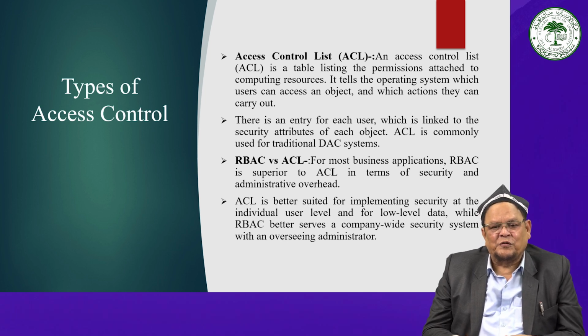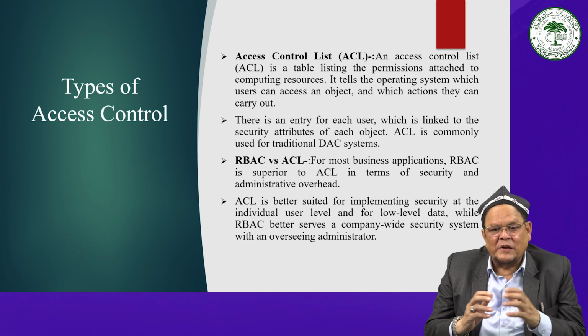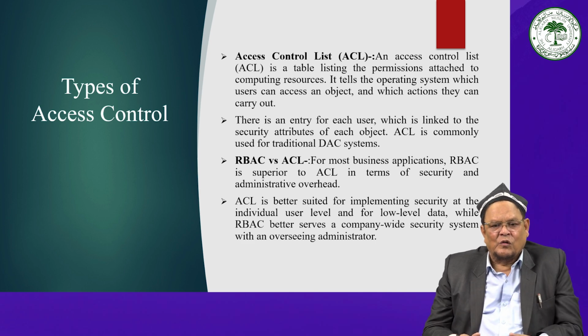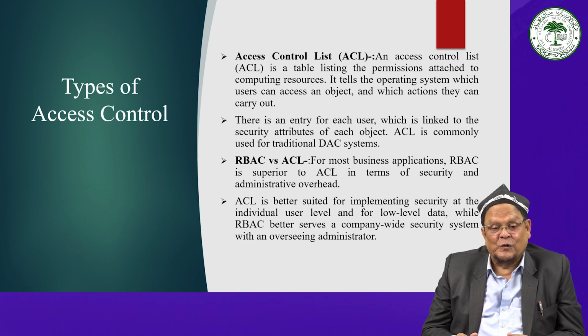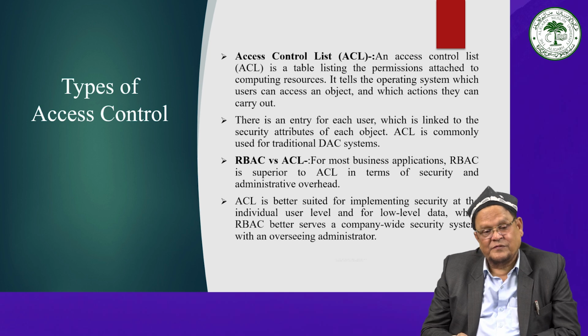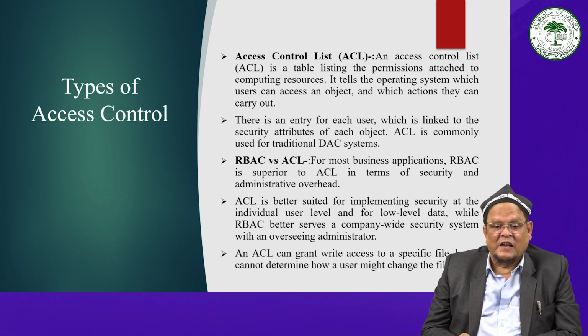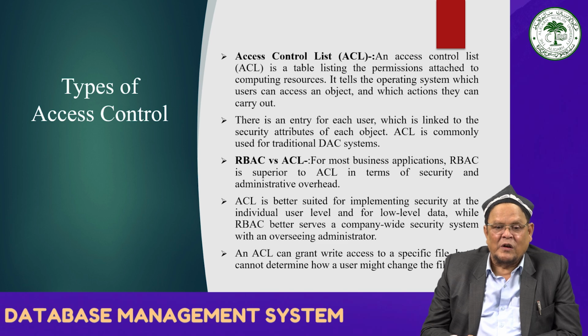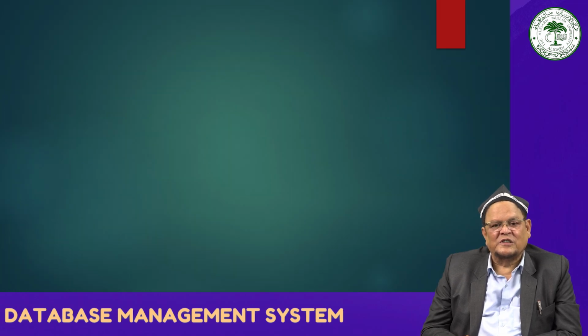ACL is better suited for implementing security at the individual user level and low-level data, while RBAC is better suited for community and company-wide security systems with an overseeing administrator also. So it is higher level. ACL can grant write access to a specific file but cannot determine how a user might change the file. So these are about that.